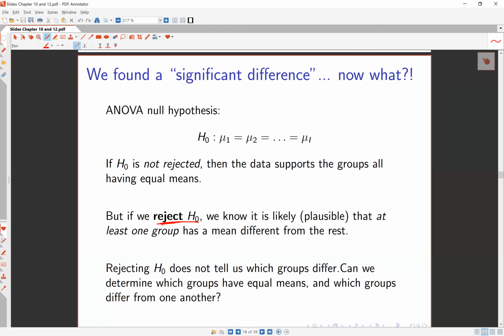But if we reject the null hypothesis, where this leaves us is with the knowledge that some of our populations, perhaps all, but perhaps just some, have means that differ from one another. But just rejecting the null hypothesis does not tell us where those differences are. And so we want to dig a little deeper to now find a way of establishing which populations differ and which ones do not differ from one another.